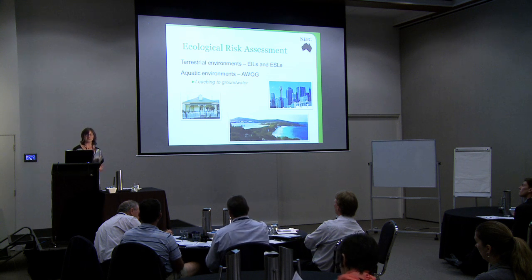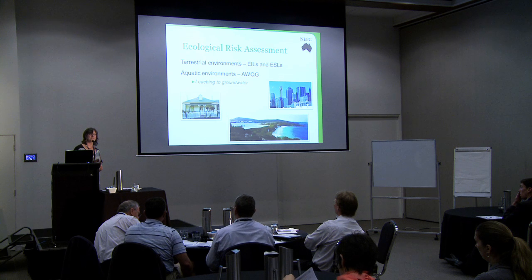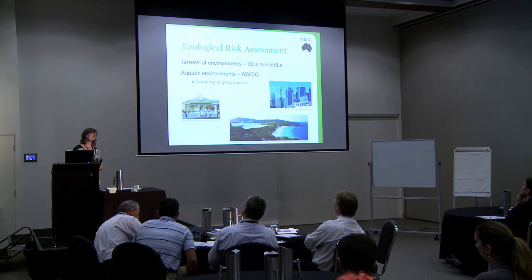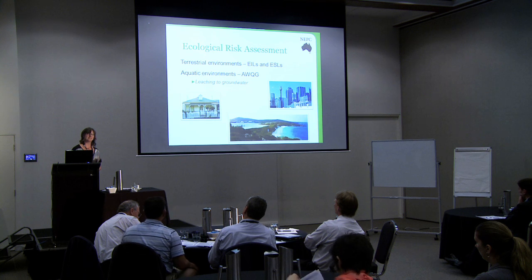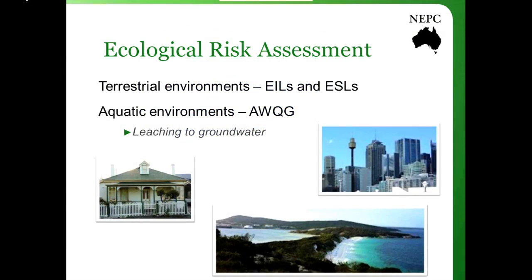We also need to consider mobility of contaminants and leaching to groundwater, so the protection of water resources may be a very important consideration depending on the state and territory. And there are methods for assessing mobility of contaminants in Schedule B3. The methods are really applicable to common metals, so how easily they will leach to groundwater.